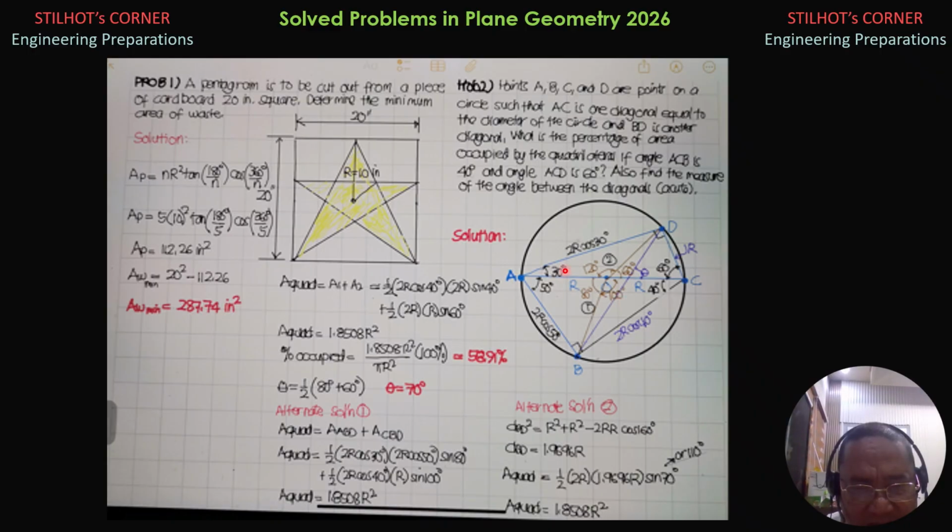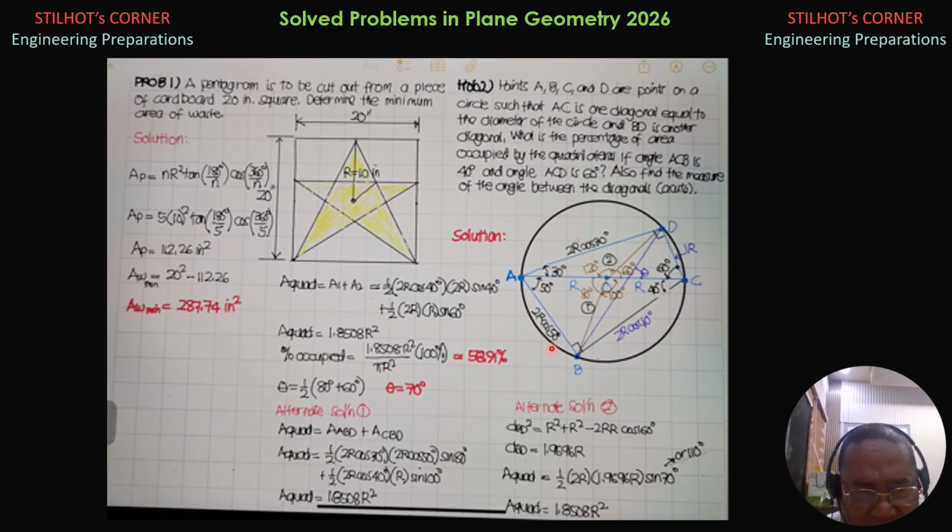So 30 degrees on the other hand is half of 60 degrees, and it is also 90 degrees minus 60 degrees because this is a right triangle. So the other sides, 2r cosine 30 after getting this angle 30 degrees, and this side 2r cosine of 50 degrees.